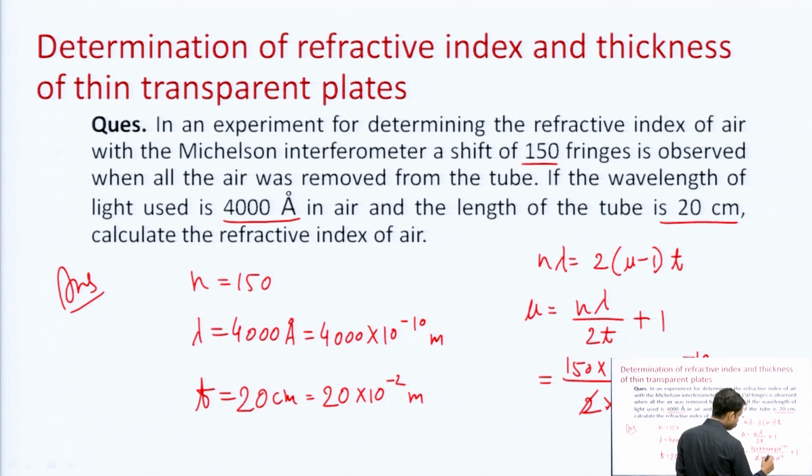So, 2 into 20 is 40, and this is 10 to the power minus 10 over 10 to the power minus 2.